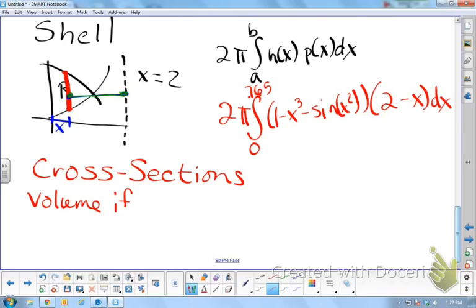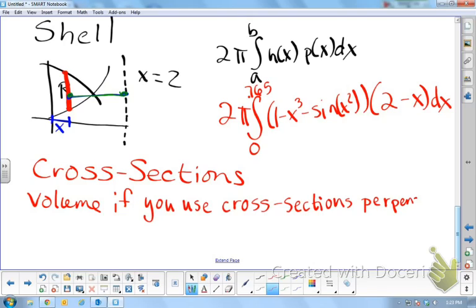If cross sections perpendicular to the x-axis, what shapes could we use?